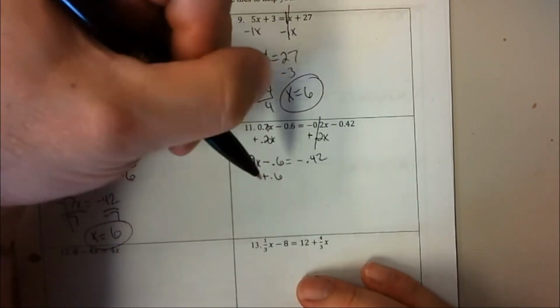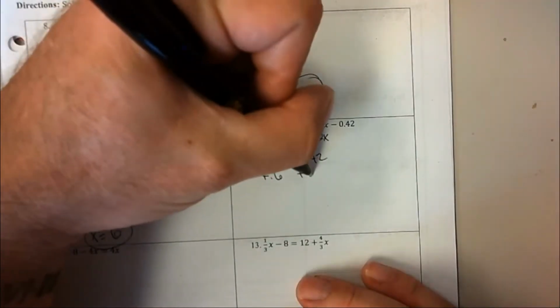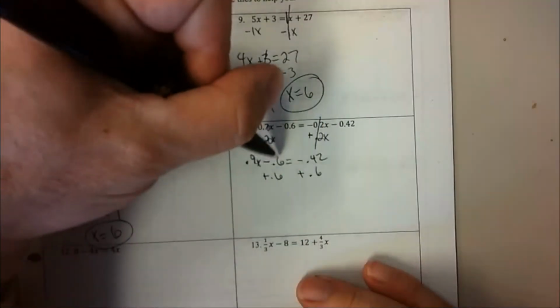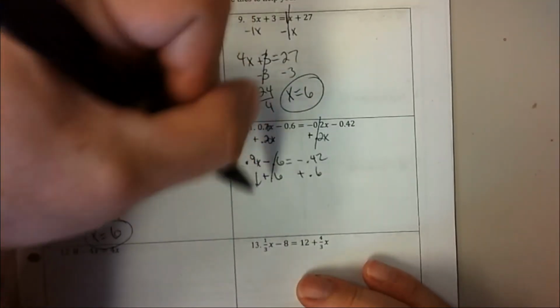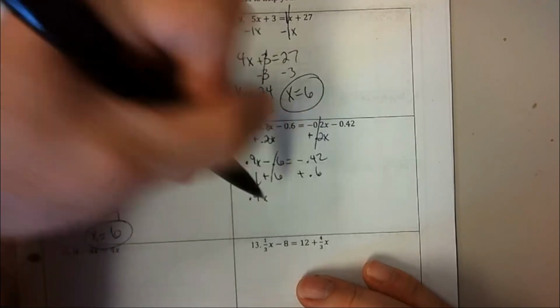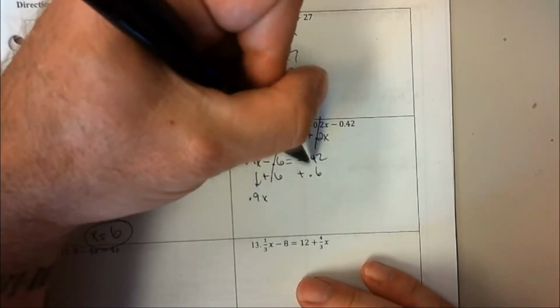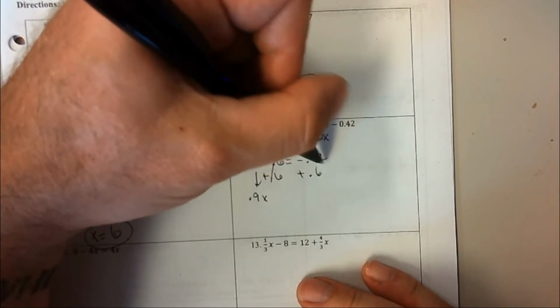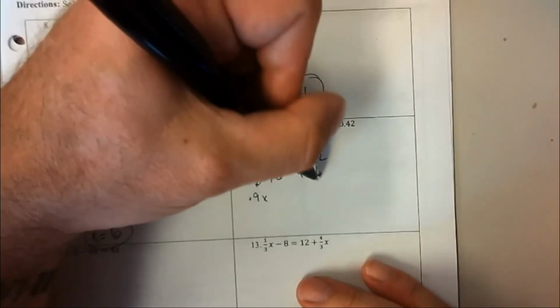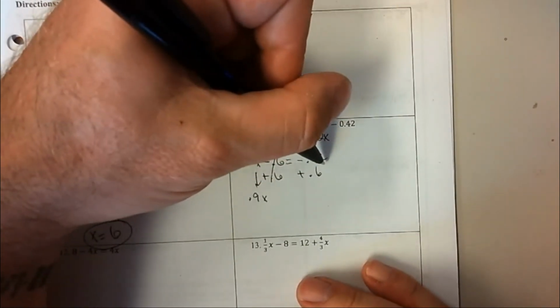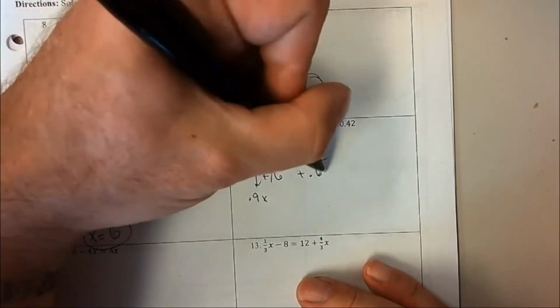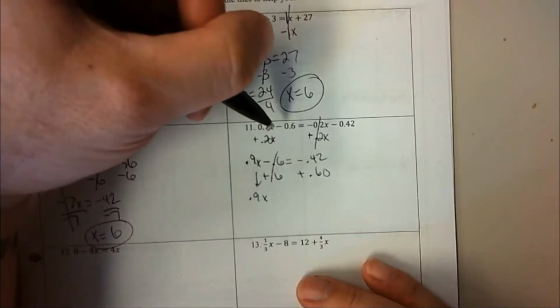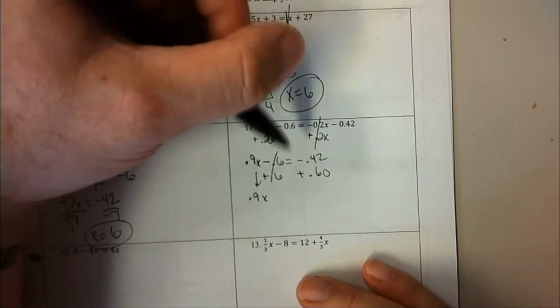Okay, I'm then going to add 0.6 to make that go away, so I'm going to come over and add 0.6. So I see this is going to cancel out. I'm going to drop down the 0.9x. And then over here I have decimals, but we see the place value. They don't really line up quite yet because you got a 6 here, you got 2 digits here, 1 digit. So I'm going to make a second digit, and we can just drop a 0 there.